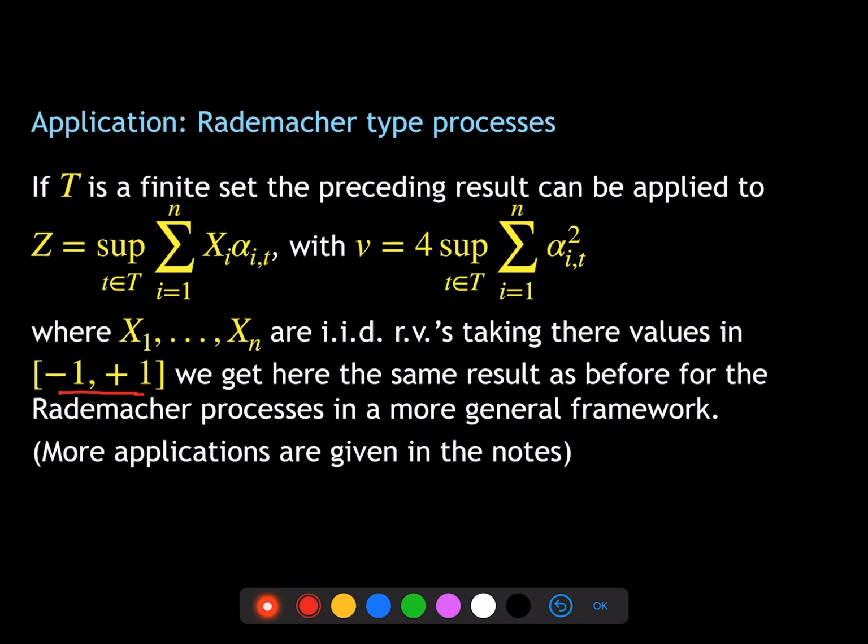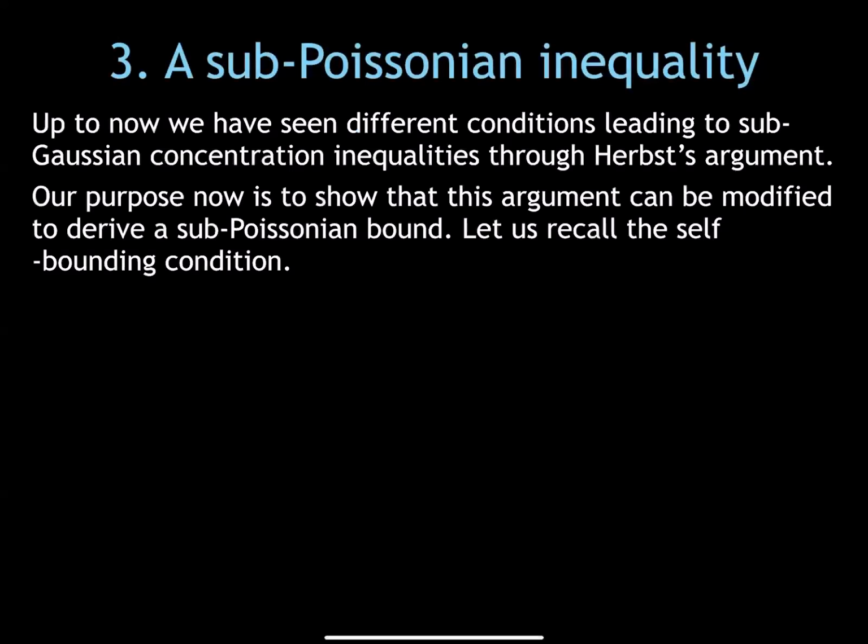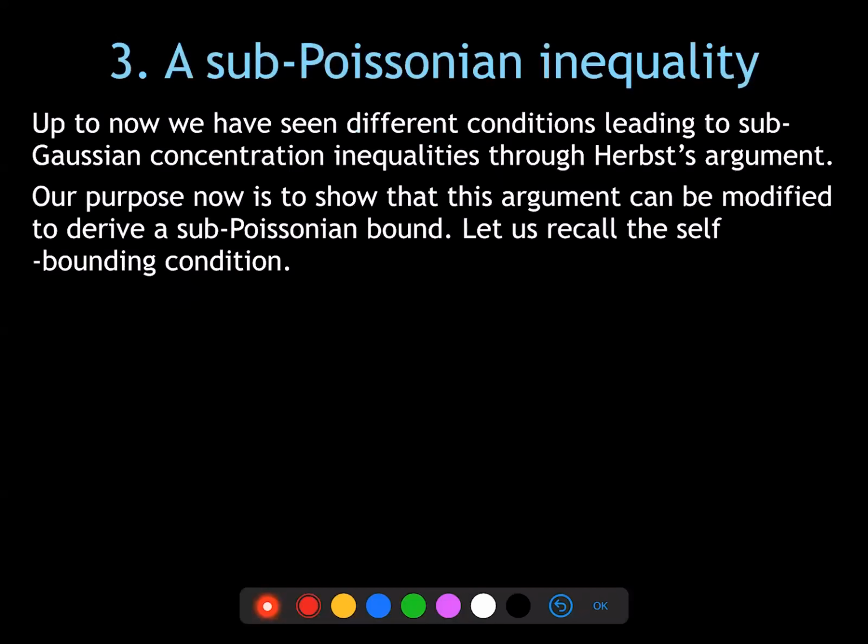And I would like now to turn to a more subtle way of using the lemma. And this more subtle way will make full use of the function phi which appears in the definition, and not a quadratic upper bound on this function phi on its gentle side, I would say.